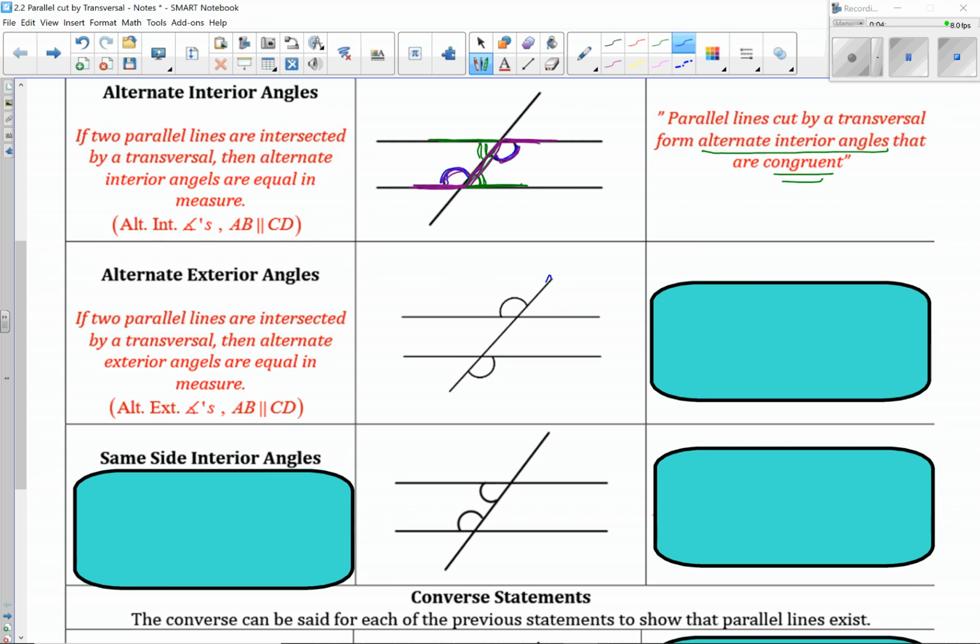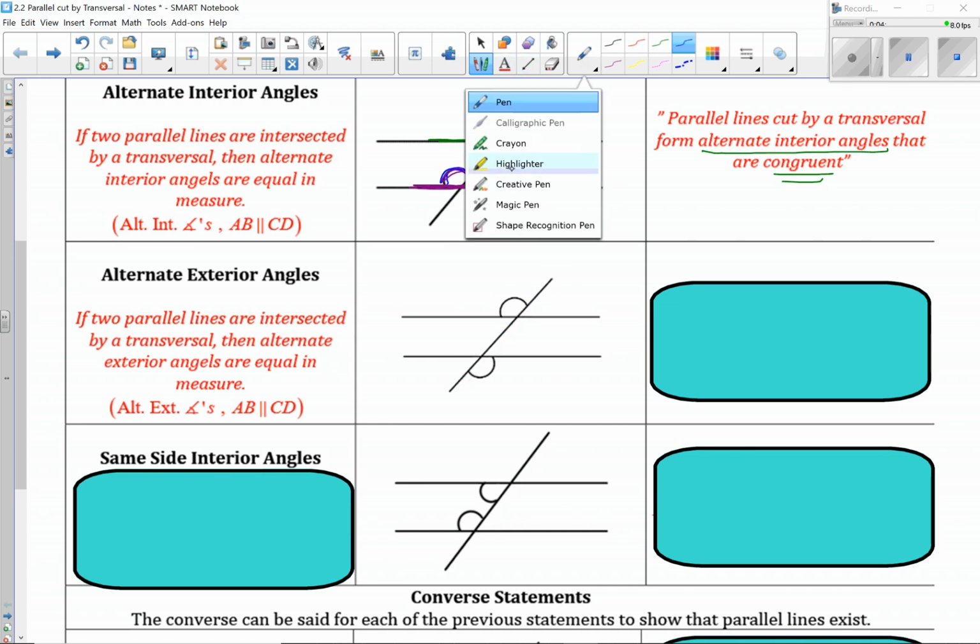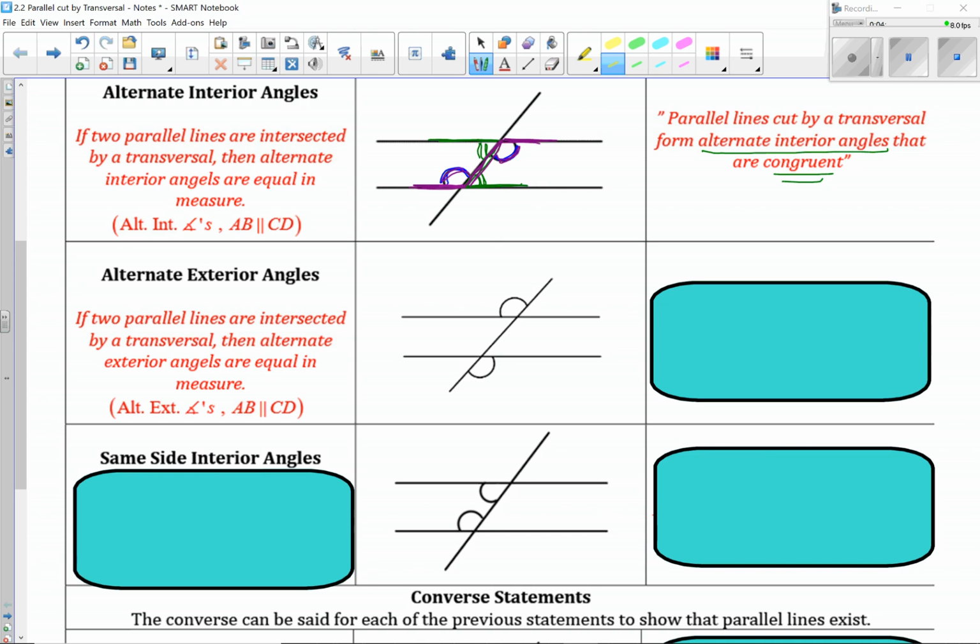So here's my transversal. That's a bad line, let's make that a better looking line there. Just highlight it. There we go. So we've got that. We've got one angle here, we've got the other one here. Let's highlight that. And those are alternate exterior angles.